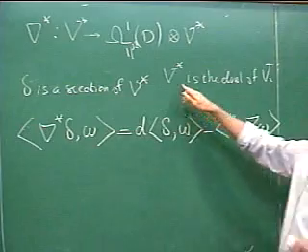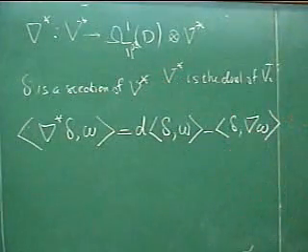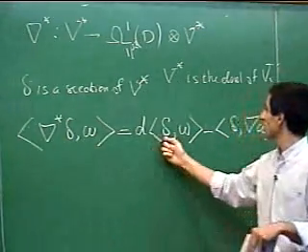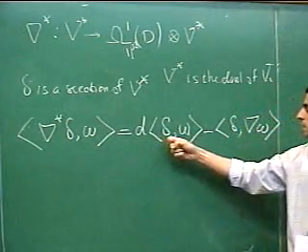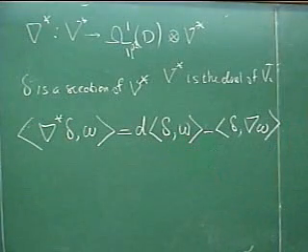And this is the pairing of the vector bundle with its dual. These objects are linear functions on this object, so we can form this pairing.